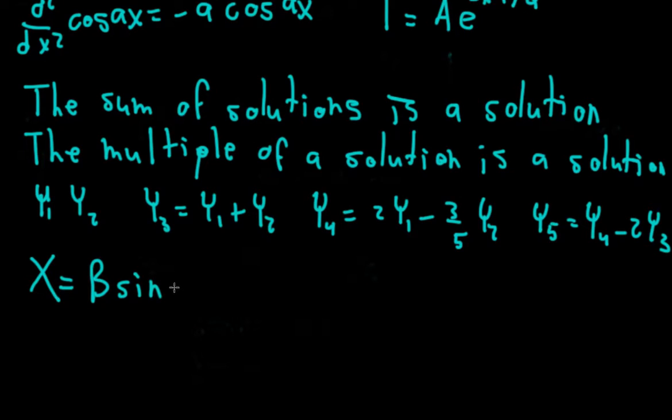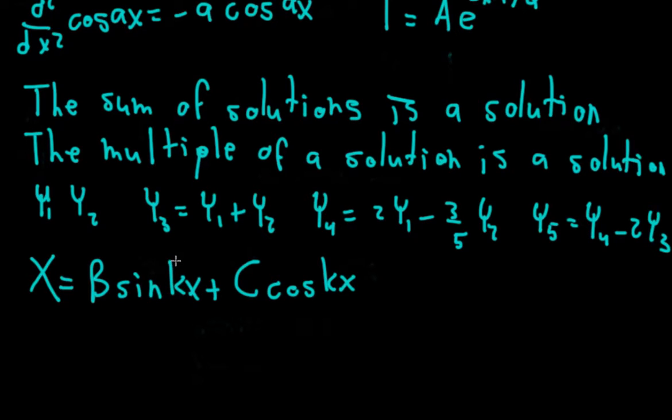So it's b times the sine of k x, plus c times the cosine of k x. All right, so this is the solution, and you can try it. You can take the double derivative of this, and you will see that it satisfies the differential equation.